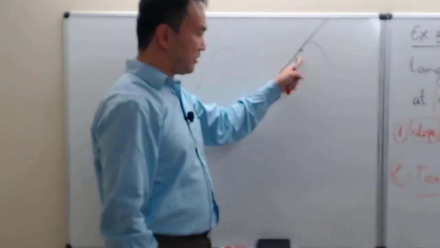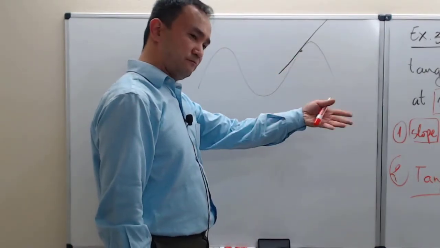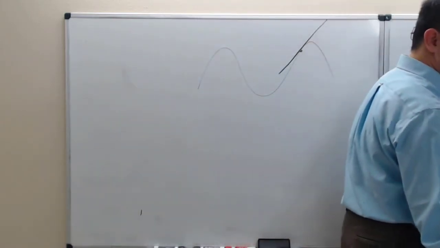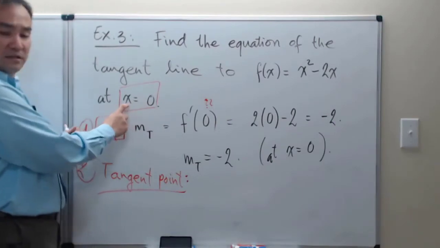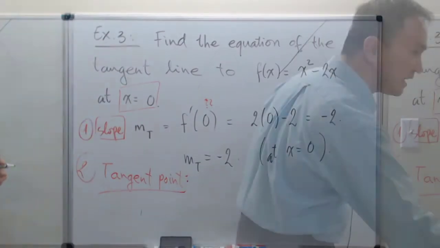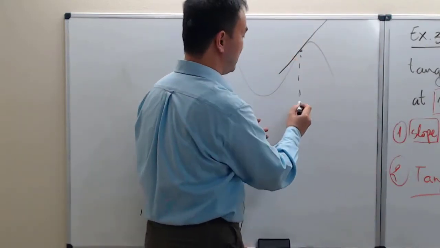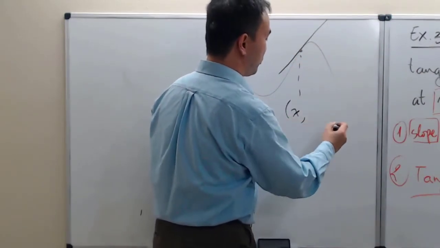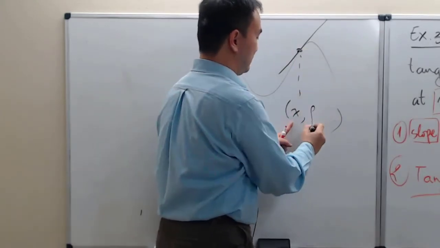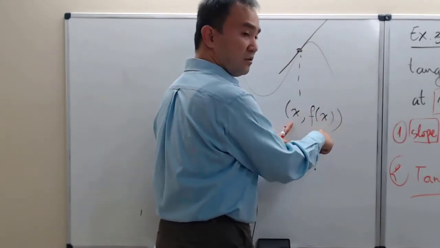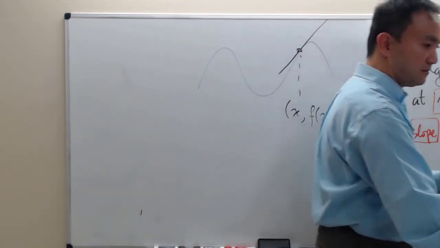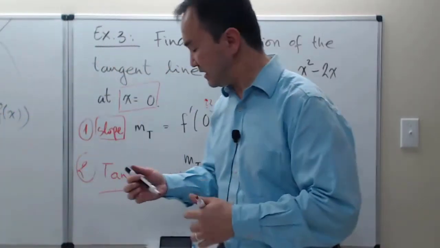Our problem already said to find the equation of the tangent line at x equals 0, so we already had the x value of the tangent point given. All we have to do now is substitute that x input into the function, and we get the tangent point.